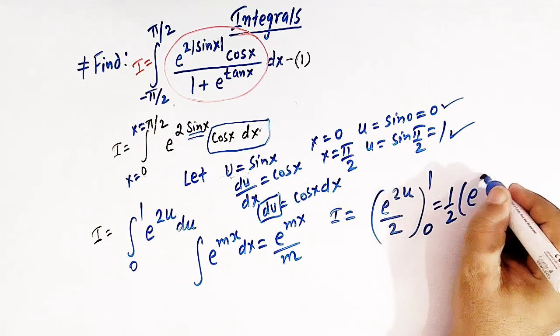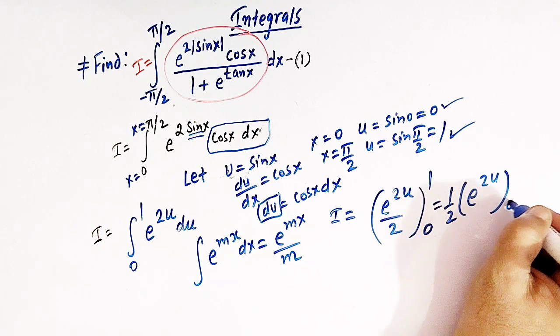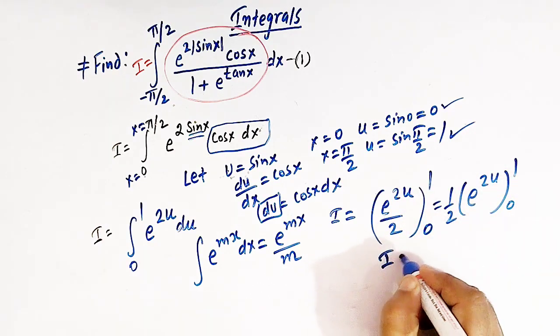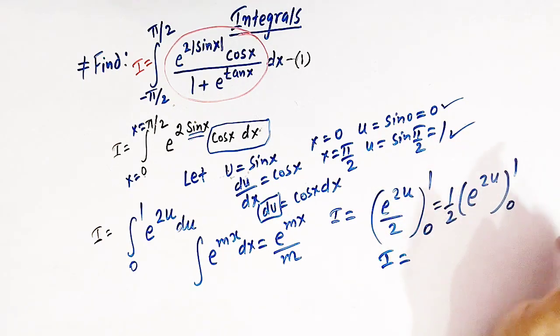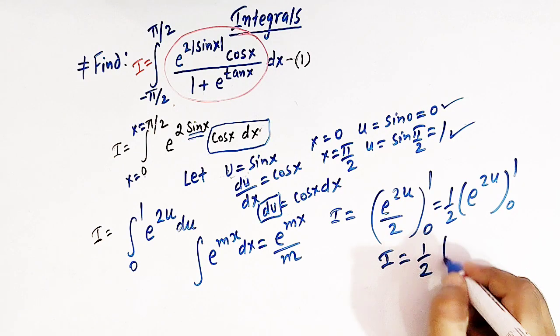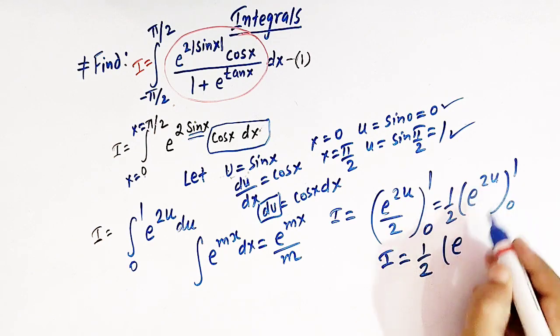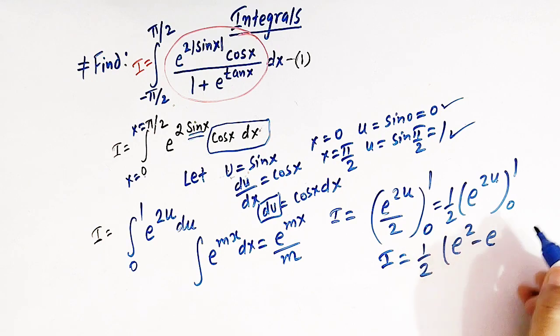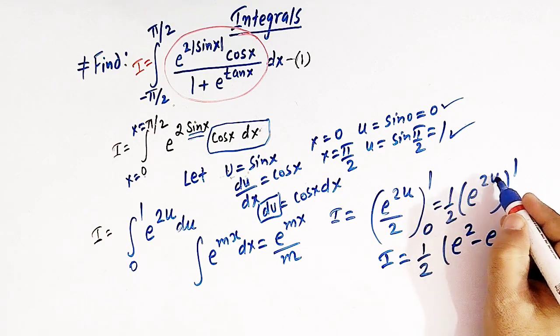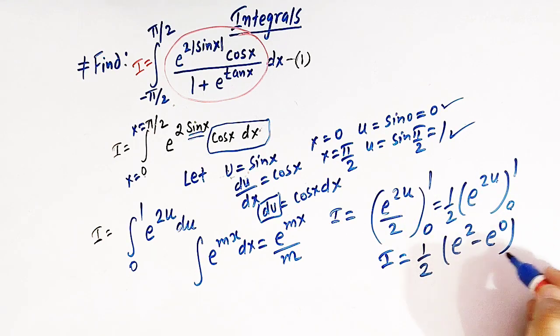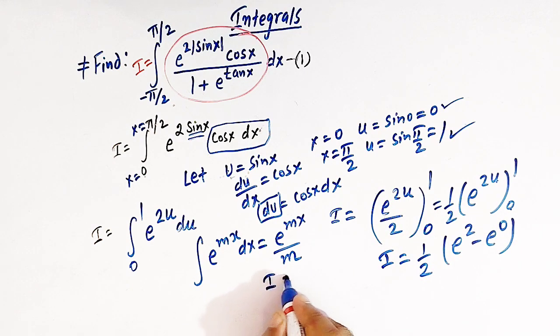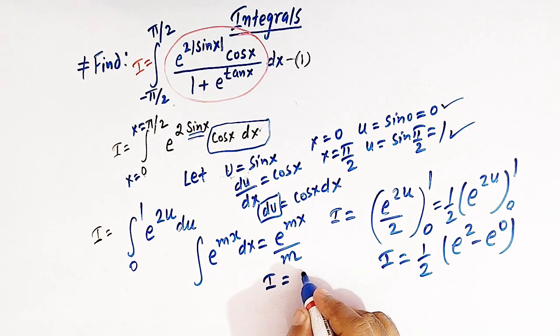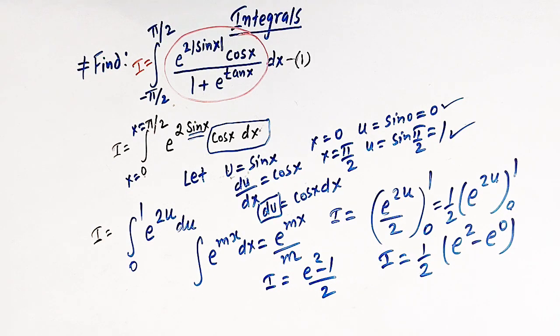So we have e raised to 2u, 0 to 1. Let us substitute the limits and we'll take the difference. So we have half. E raised to 2 times 1 is e squared, and e raised to 2 times 0 is e raised to 0, and e raised to 0 is 1. So we have e square minus 1 over 2, right?